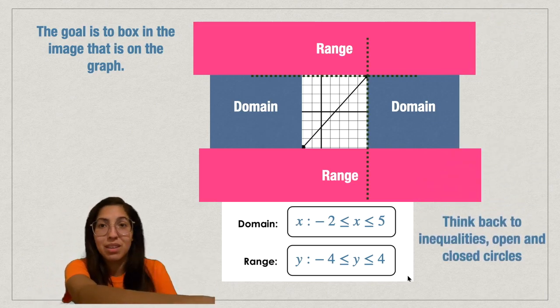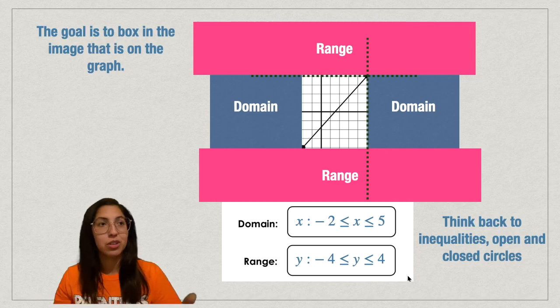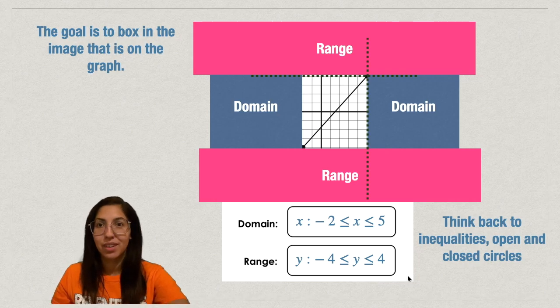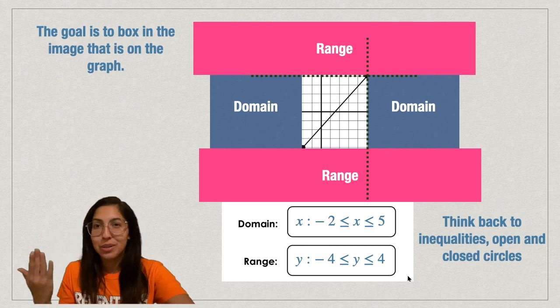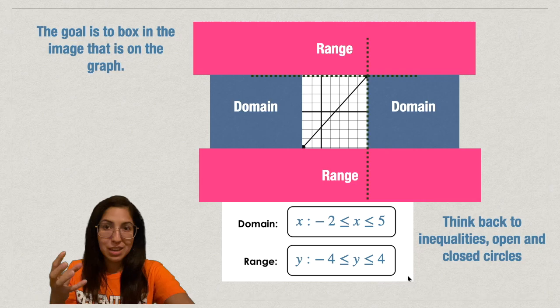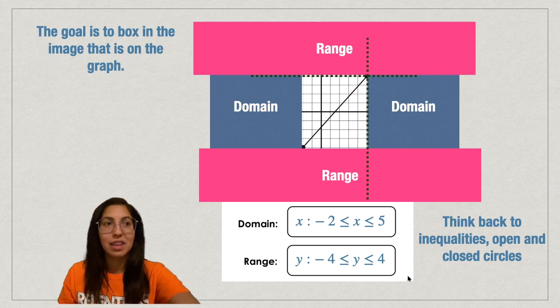So again, think back to inequalities, open, closed circle, all that good stuff. And that's pretty much it. It's super new, so it's just something to get used to, but it'll get easier as time goes on.